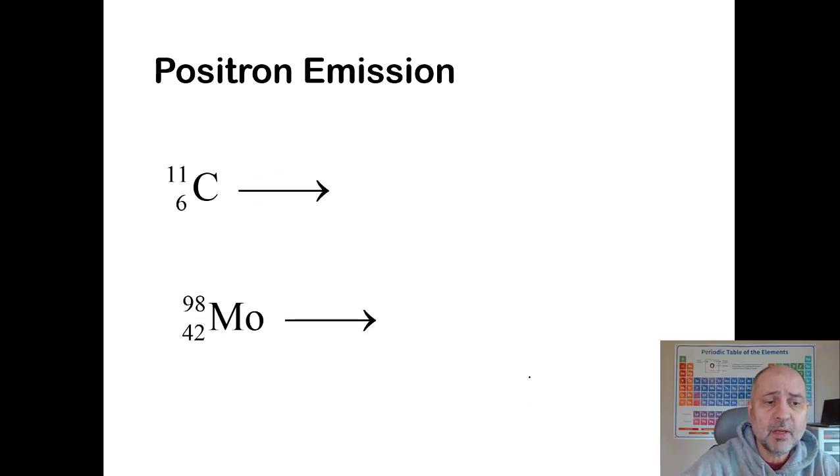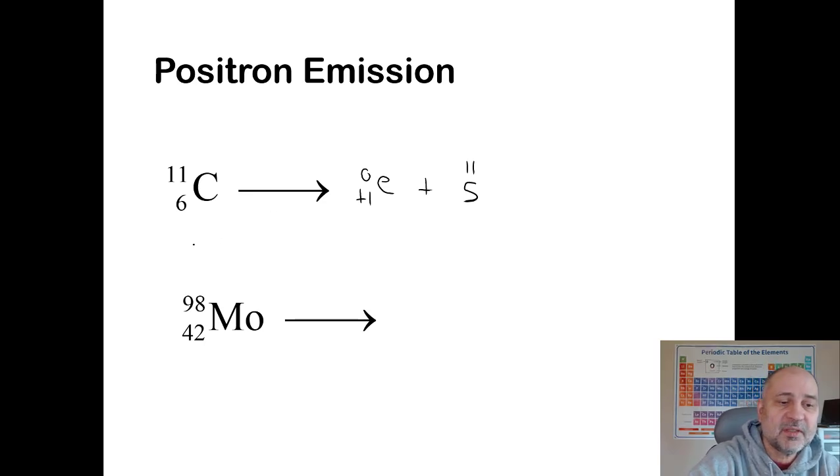So here we have carbon, and that's positron emission, so 0 and plus 1. So we have 11, and then we need 5, because 5 plus 1 equals 6, right? We need 5 plus 1 to equal 6. And so we go look this up.